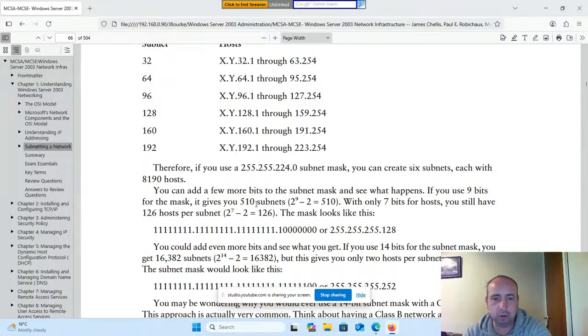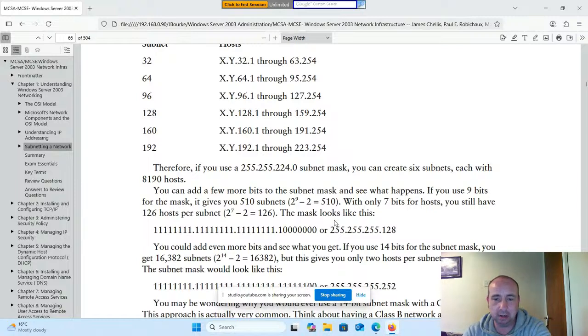You can add a few more bits to the subnet mask and see what happens. If you use 9 bits for the mask, it gives you 510 subnets: 2 to the power 9 minus 2 equals 510, with only 7 bits for hosts. You still have 126 hosts per subnet: 2 to the power 7 minus 2 equals 126.